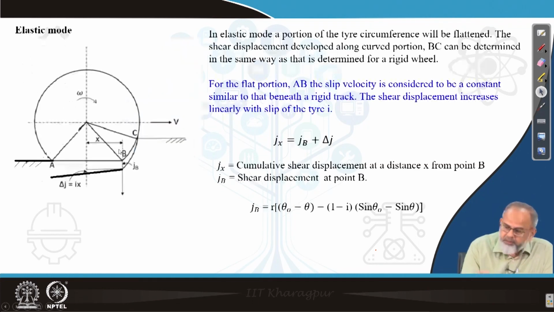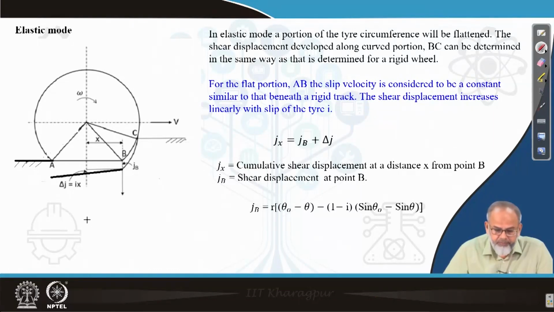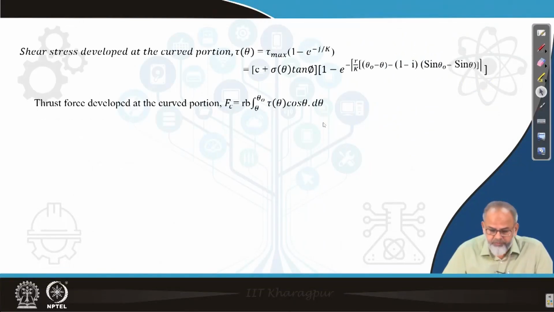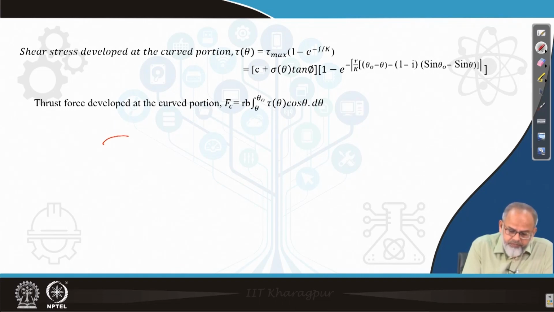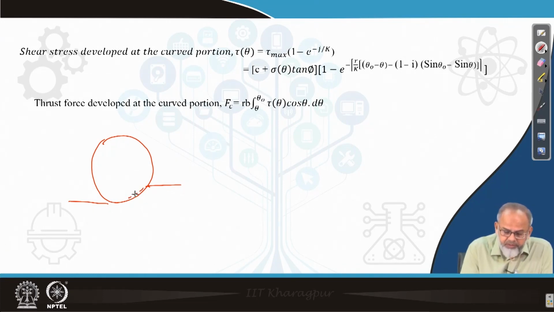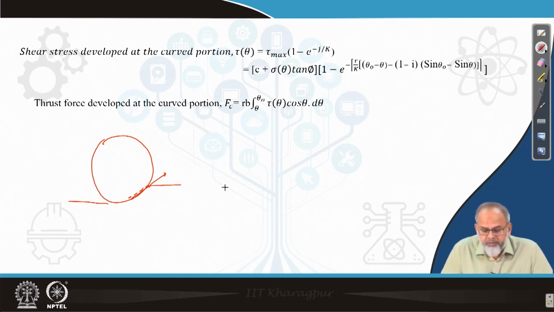So in a solid wheel or rigid wheel, shear force will be equal to the shear stress multiplied by the area. So to find out the shear force here, I have to multiply with the area.